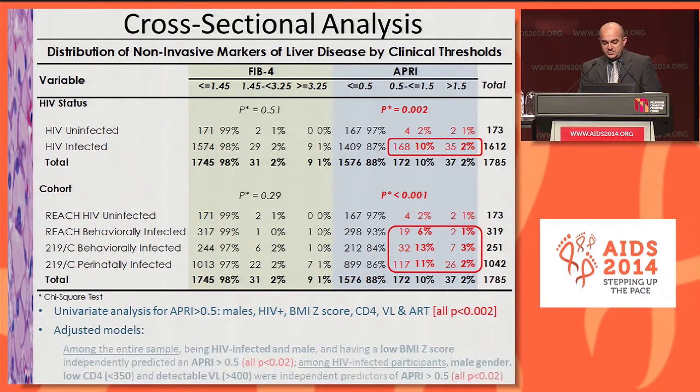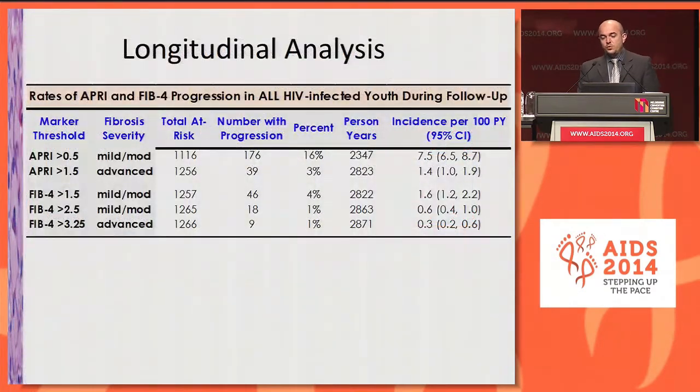In the adjusted models, among the entire sample, being HIV infected, being male, and having a low BMI Z-score independently predicted an APRI of greater than 0.5. Focusing on the HIV-infected participants, male gender, low CD4 count, and detectable viral load were independent predictors of APRI greater than 0.5.